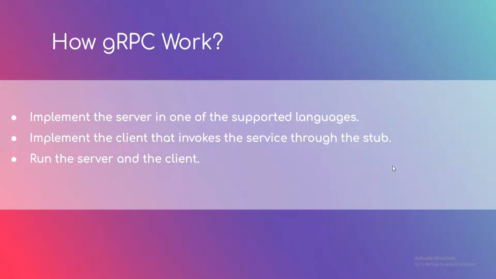Once we have generated the server and client files, we will implement the server in one of the supported languages. It can be any language like Java or C#, whichever is best for the particular microservice we are using. And once the implementation is complete, we can run the server and client applications both.